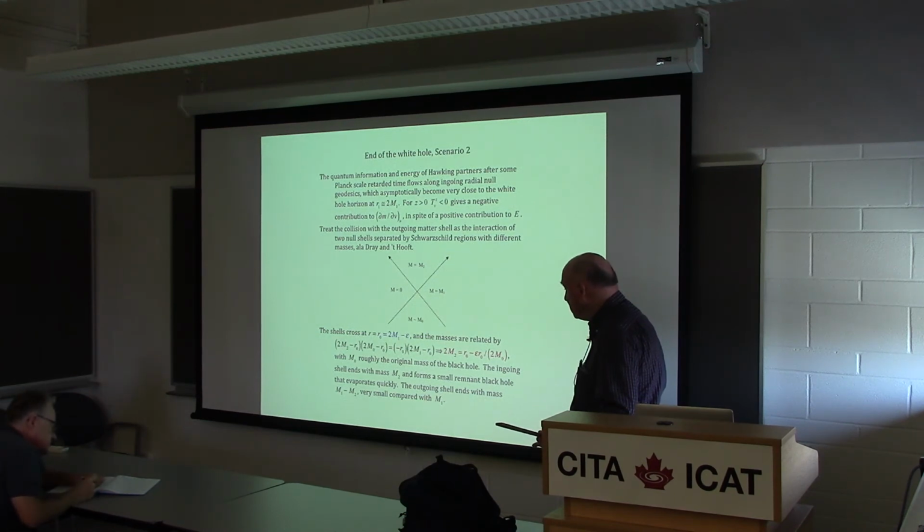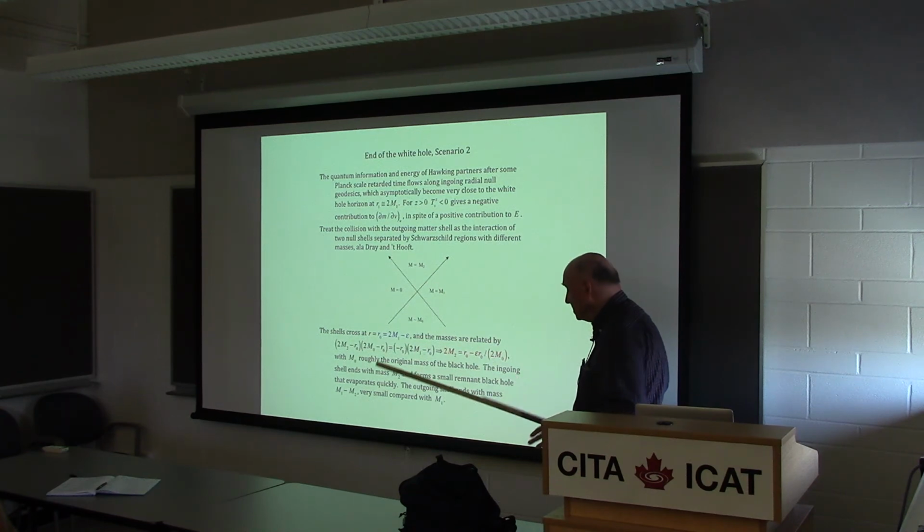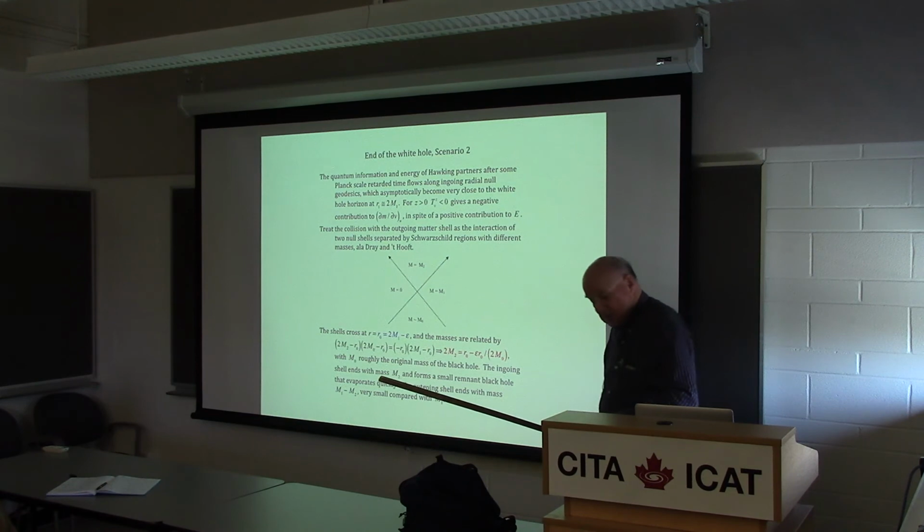Well, it's a little unclear what happens to that final white hole. But anyway, the idea then is that this is a much more complicated scenario, and it's also less solidly established.